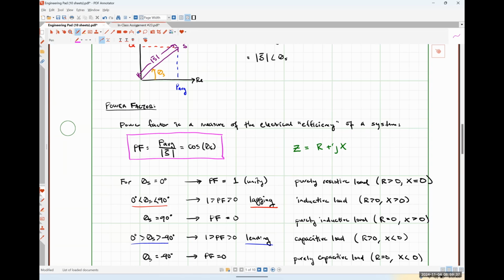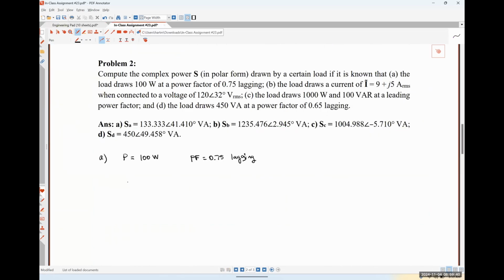I can manipulate this relationship and find that our complex power S, the magnitude of S with an angle of theta S, will be our average power divided by our power factor, with an angle of the inverse cosine of our power factor.